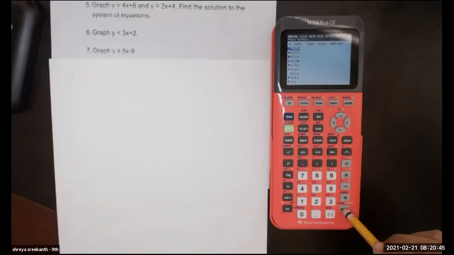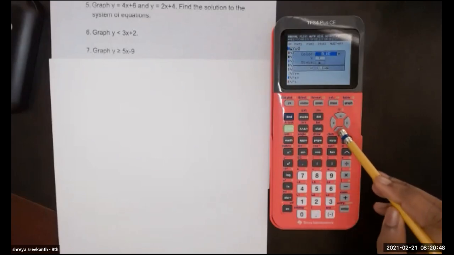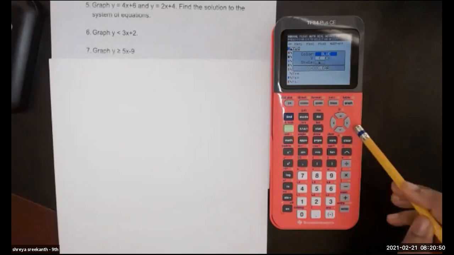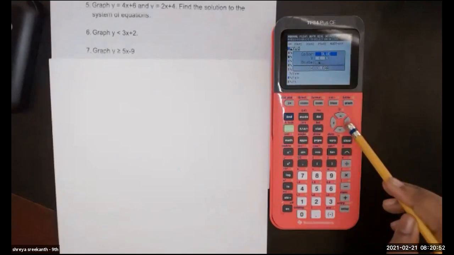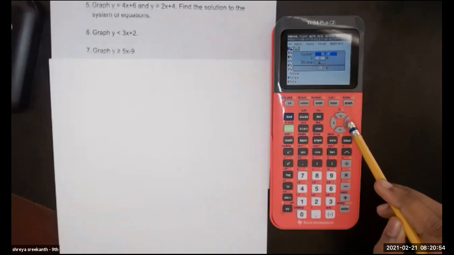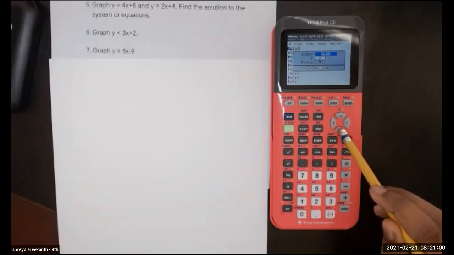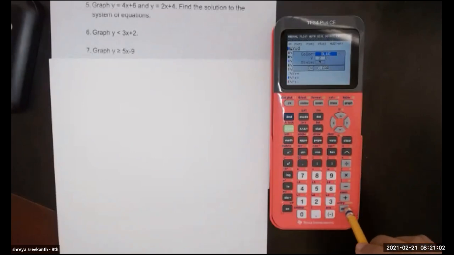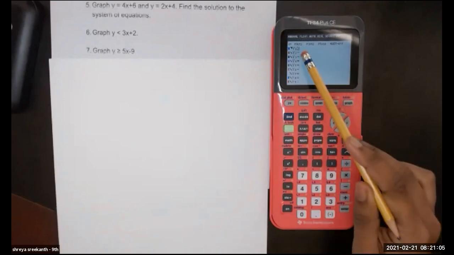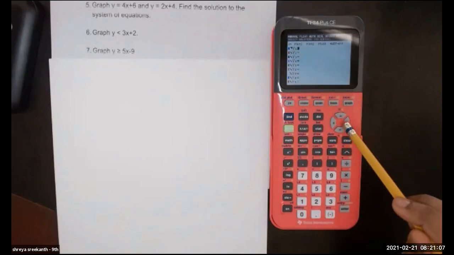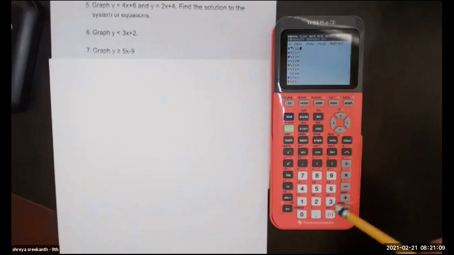Then we press enter, and we go down and use the left and right arrows to select the greater than or equal to symbol, which is this one. Then you go down and press OK. It should show up as the greater than or equal to symbol there. Then we'll write 5x minus 9.